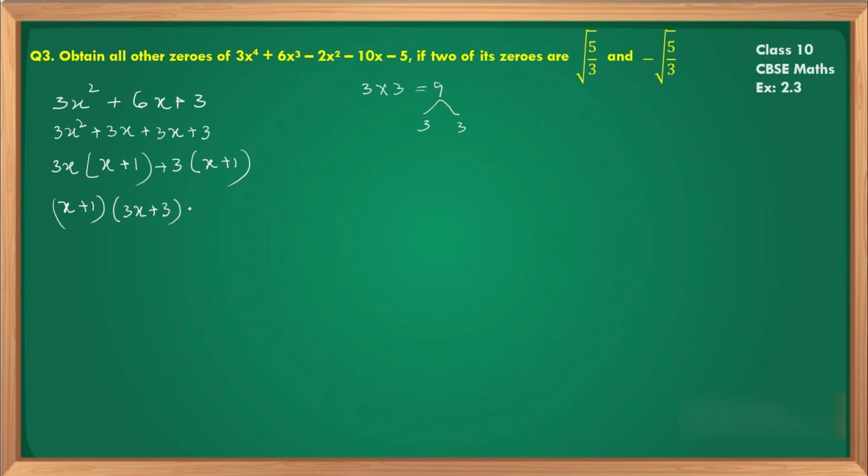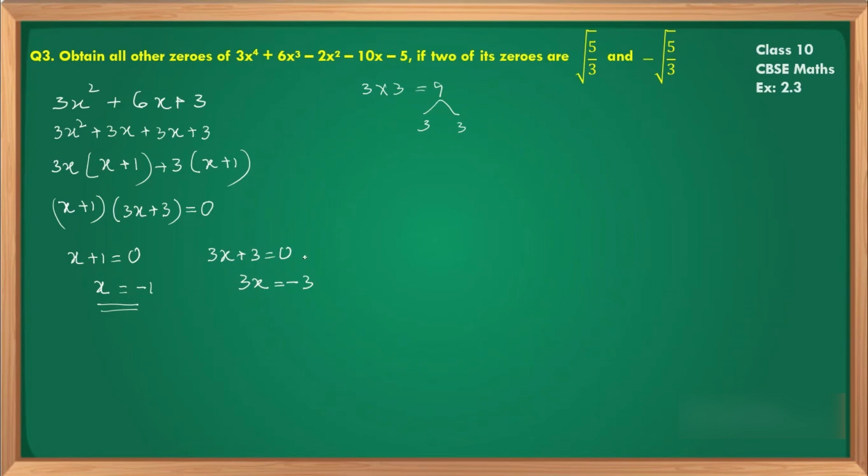Now we know that this is equal to 0. Now x plus 1 is equal to 0 or 3x plus 3 is equal to 0. When x plus 1 is 0, the value of x is equal to minus 1 because I have taken plus 1 to the RHS. Second, here 3x is equal to minus 3.